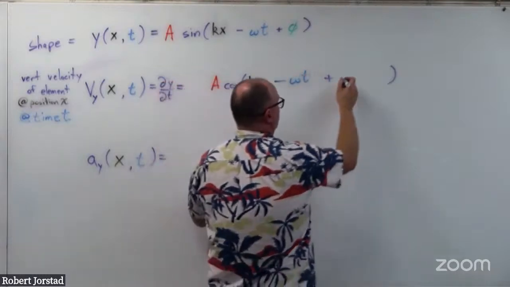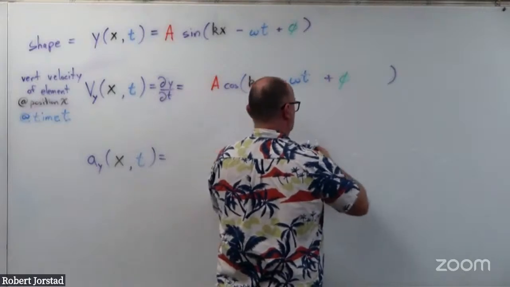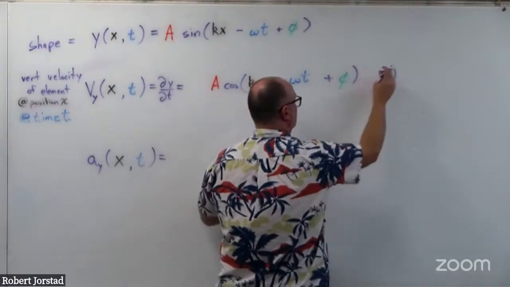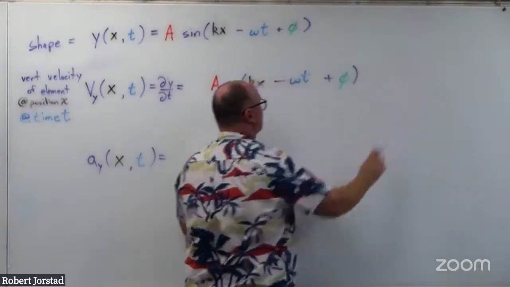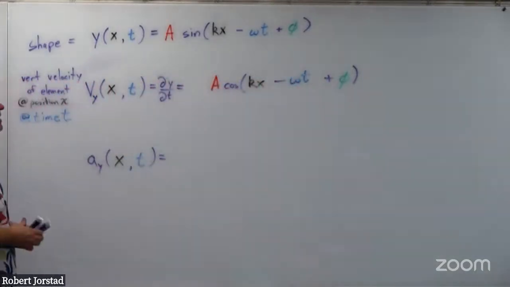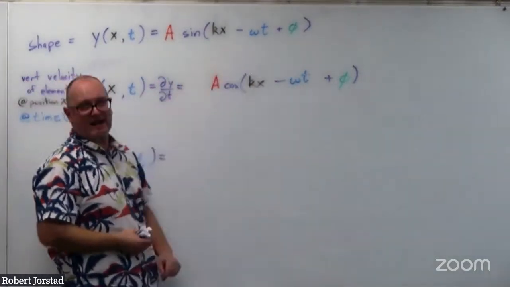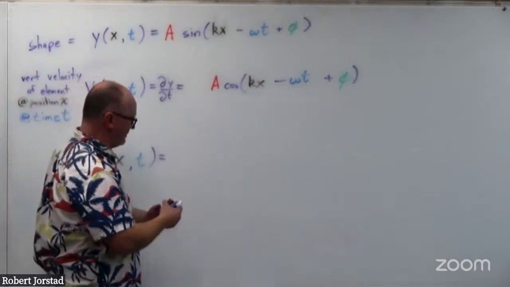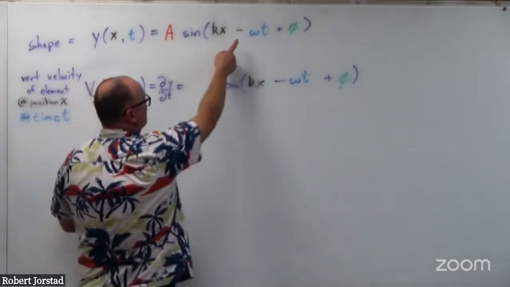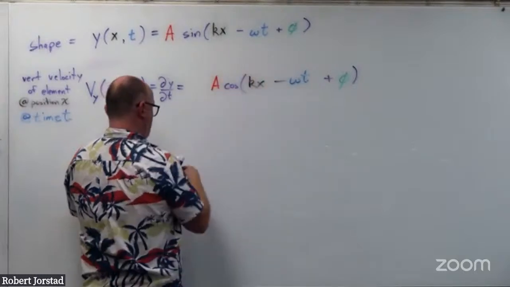Then our phase angle. But now think, we take the derivative of what's inside with respect to t. So it looks like I'm getting what? A minus omega popping out?